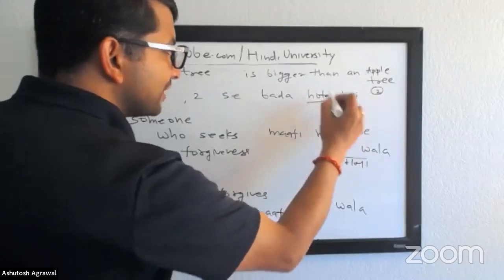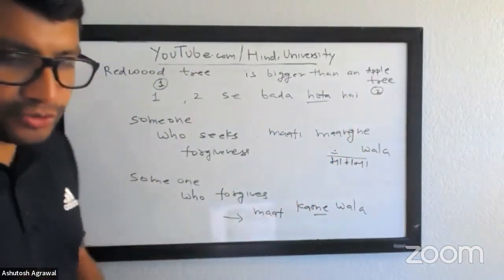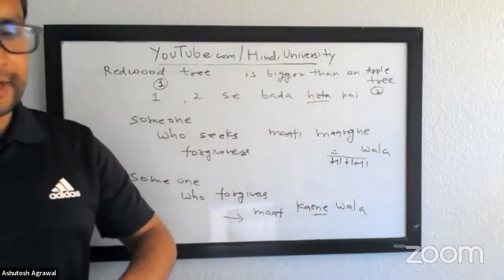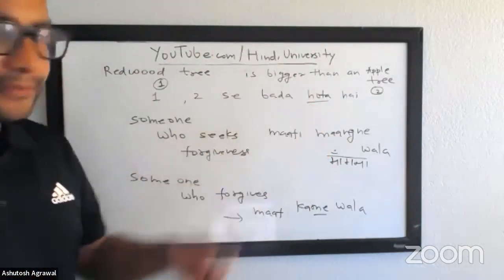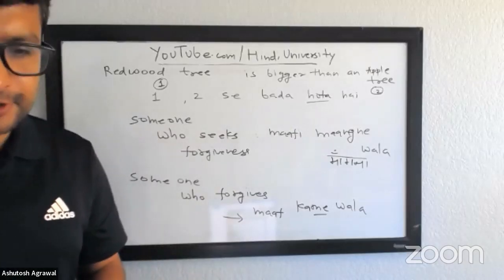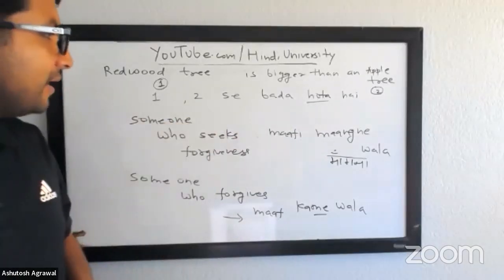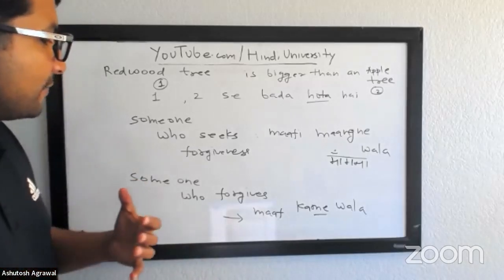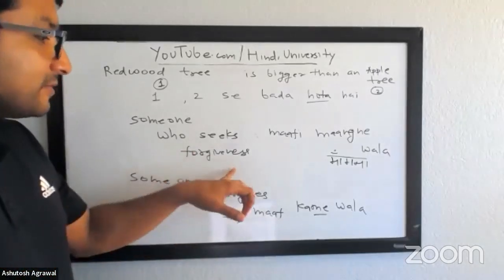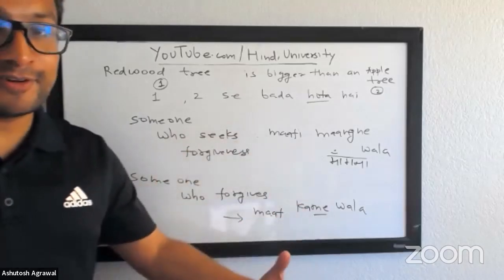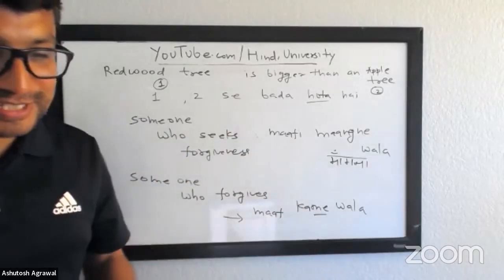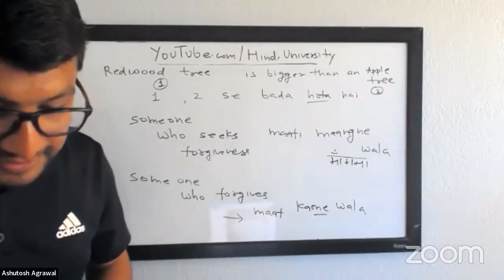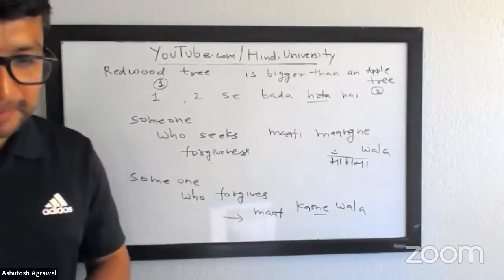I'm just saying in general. If it is, then you will say hota hai. Your sentence is absolutely right. Bada hai. When you look at it and you're like, ye tree isse bada hai. Okay, but you end up using hona if it is a general sentence, right? 1, 2 say bada hota hai. Now imagine you have this saying like, someone who forgives is bigger than someone who seeks forgiveness.